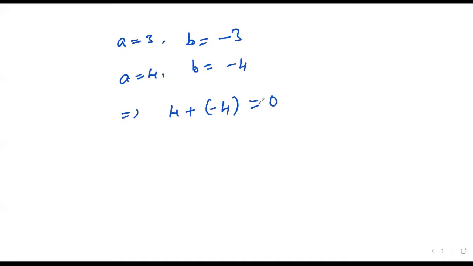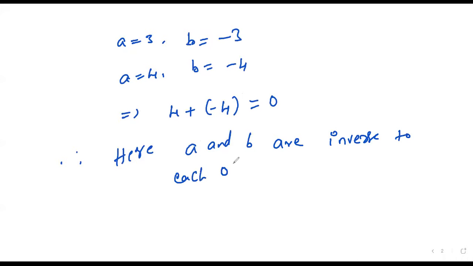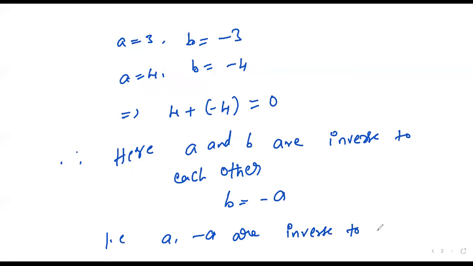So therefore here A and B are inverse to each other, where B is equal to minus A. A and B are inverse to each other, but B is nothing but minus A. So A comma minus A are inverse to each other. In which operation? Addition.